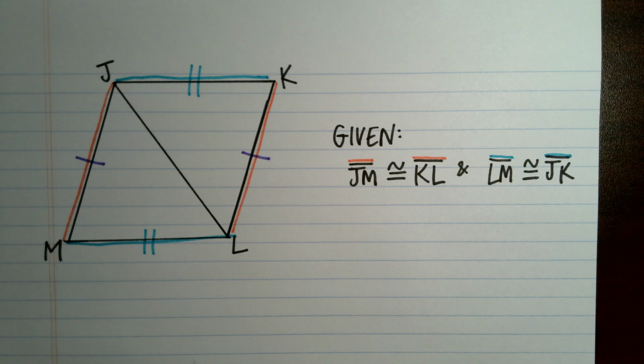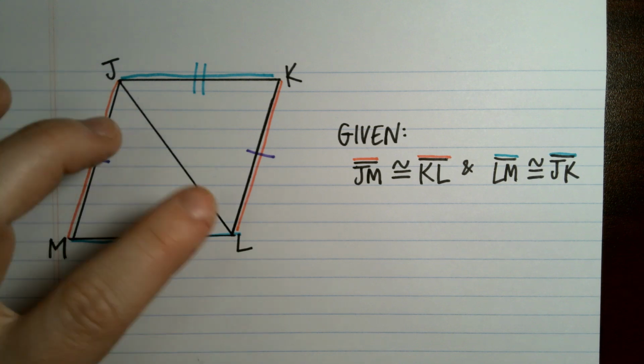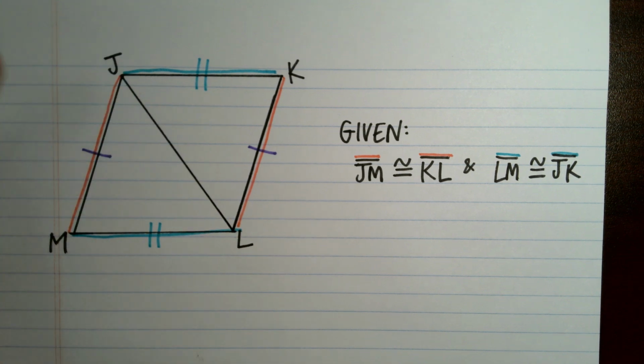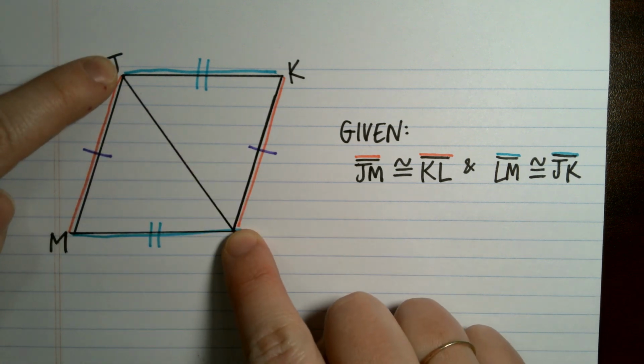Is there anything else that we could say is congruent? Any other sides? JL. And we could call the other one JL as well, or we could call it LJ if we want it to be different. But JL is congruent to JL because it's a shared side. They're the same length.